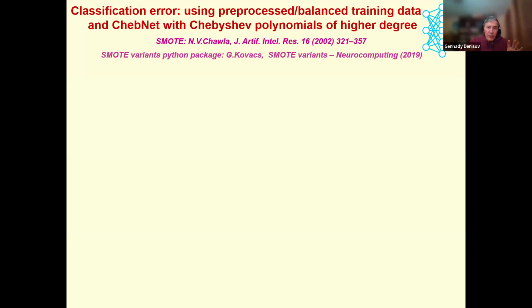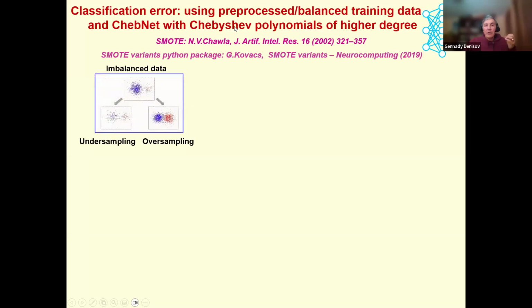For this, I performed many computations, but this slide reports only the results for the Chebyshev convolution layer network because it performs the best out of all. The main outcome from this slide is that balancing the data and using Chebyshev polynomials of high degree will dramatically reduce the classification error.